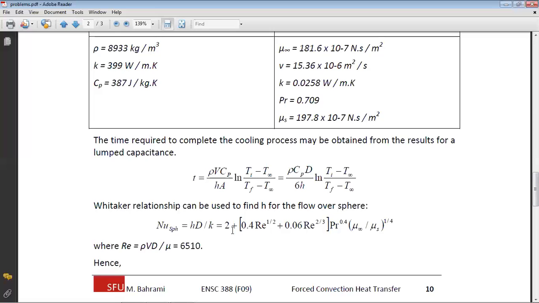If you look into it, the Nusselt number is given by 2 plus 0.4 multiplied by Re to the power 1 by 2 plus 0.06 Re to the power 0.67 or 2 by 3. This whole bracket is multiplied by Prandtl number to the power 0.4 multiplied by mu infinity upon mu s.